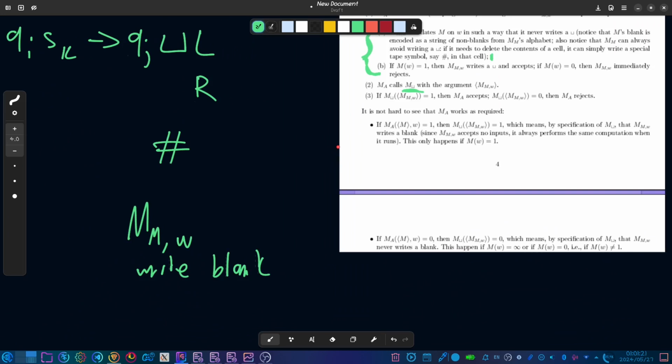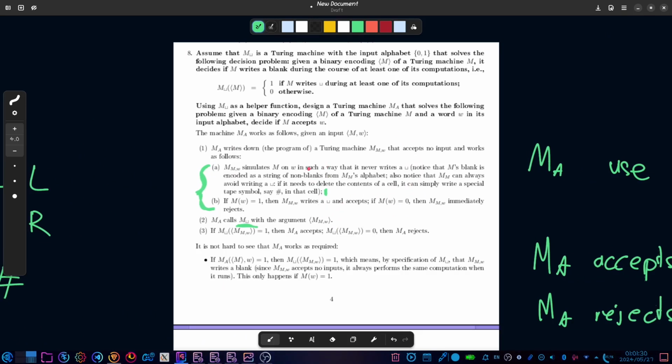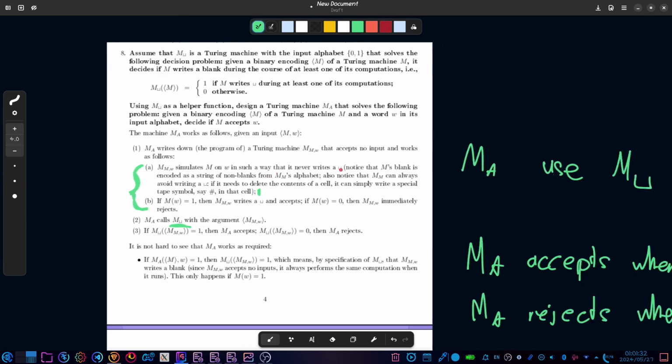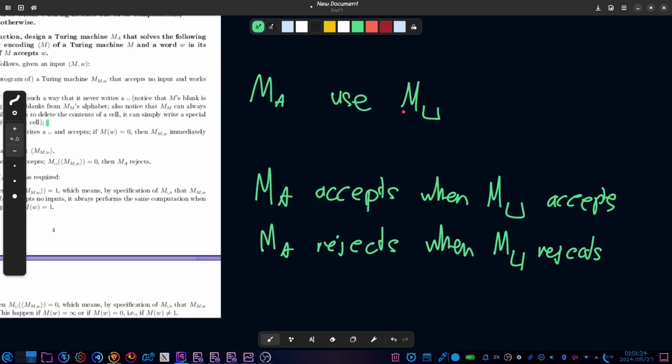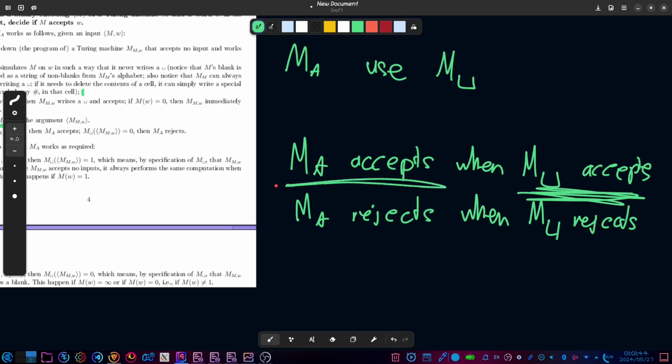We've basically just created a Turing machine that only writes a blank once M accepts W. Why is that important? If our Turing machine only writes a blank when M accepts, then this Turing machine only accepts when M accepts. Does that make sense?